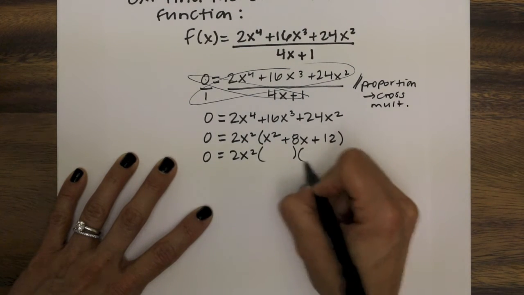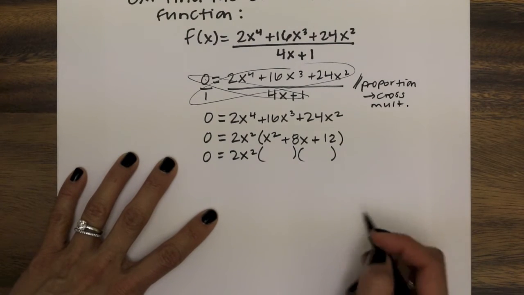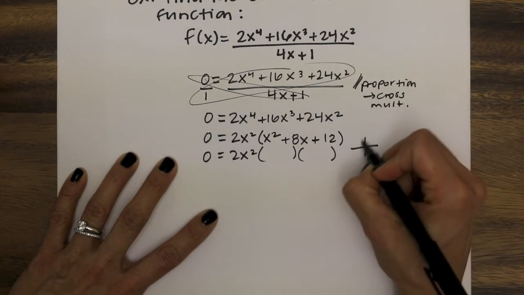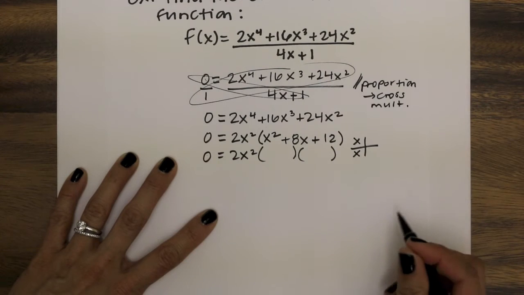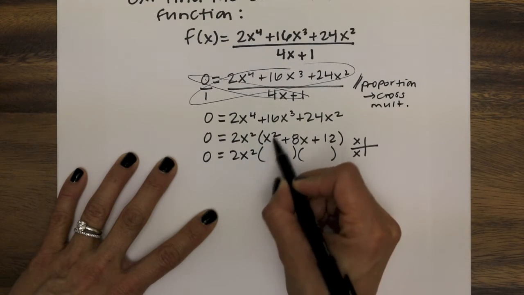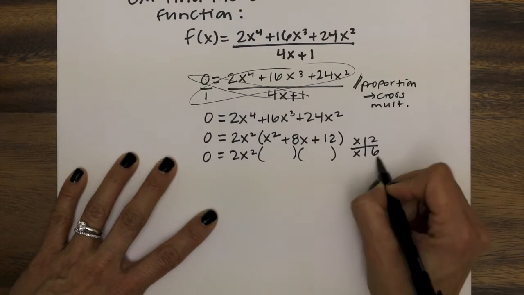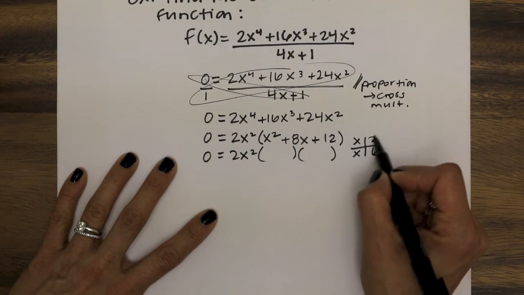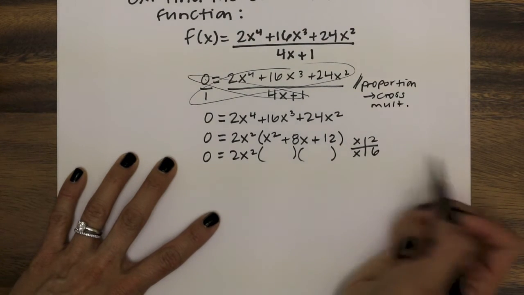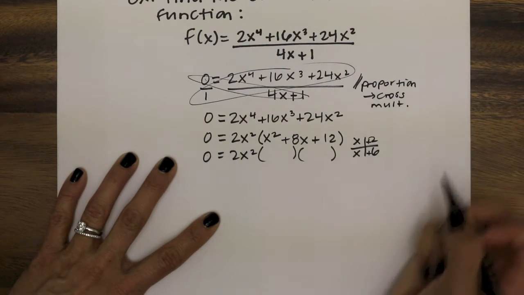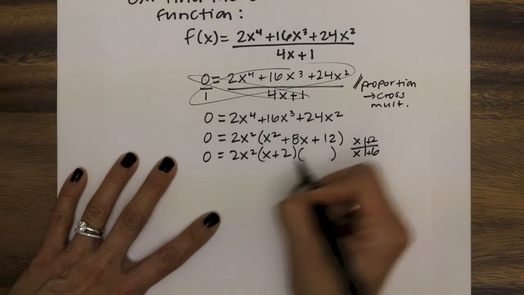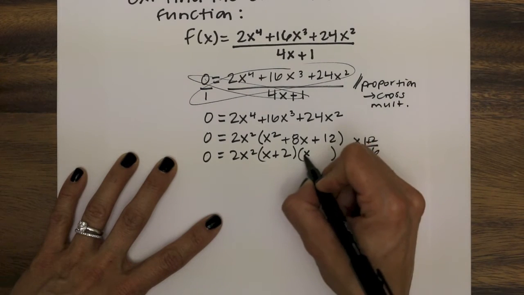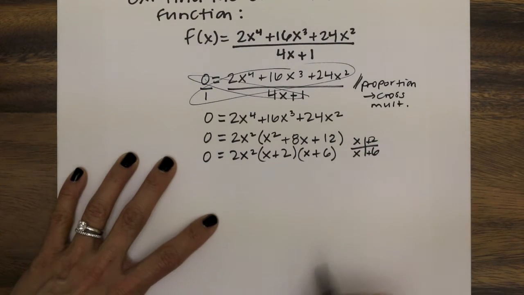And this does. It factors using a T-chart, if you want to think of it that way. x and x multiply to give you the first term. 2 and 6 multiply to give you 12. And if you look, 6x and 2x definitely combine to give you a positive 8x, with them both positive. So you get the quantity x plus 2 times x plus 6.